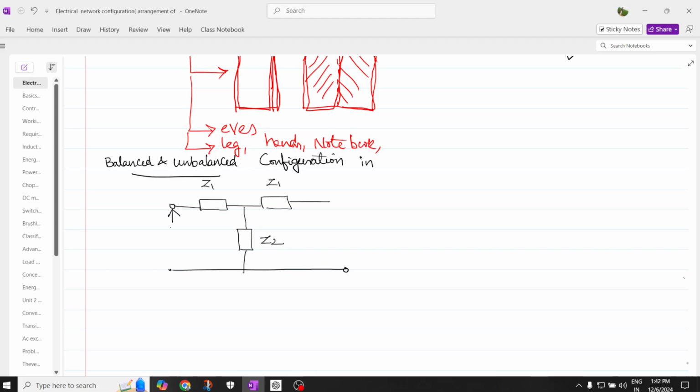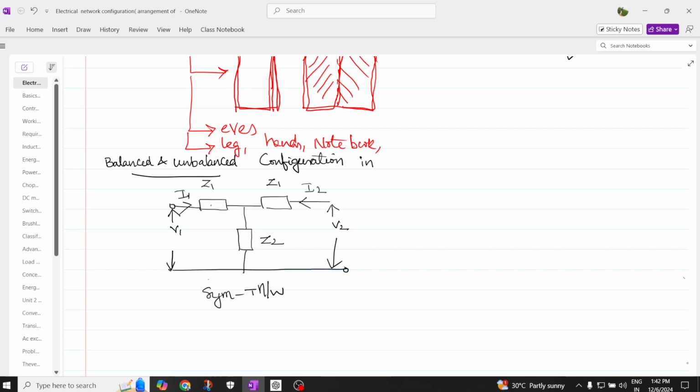This is the input port, labeled V1, current drawn is I1, and this is the output port with voltage V2 and current I2. I can call this a symmetrical T network. But is it balanced or unbalanced? To make it balanced, the weight at this point and this point should be the same.